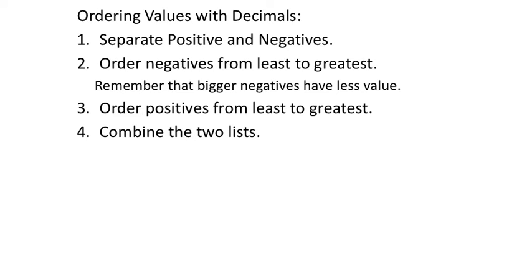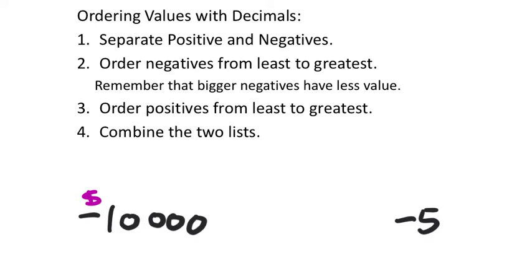Now, with the negatives, the bigger the negative, the less value it has. Let's look at an extreme case. Let's say negative 10,000 and negative 5. Which of these has more value? Sometimes it helps students to see these with dollar signs, even though we're just comparing numerically. The negative indicates owing.